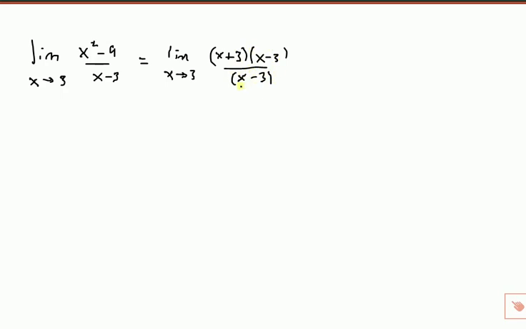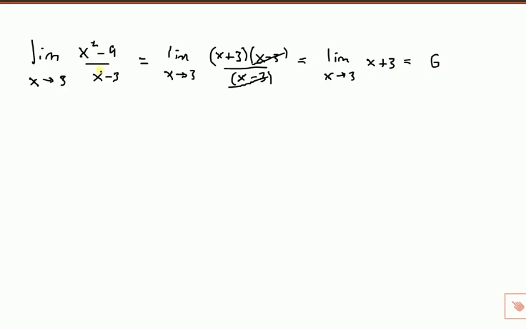These two terms are the same, so we can actually cancel these out. And what we're left with is the limit as x goes to 3 of just x plus 3. And that's pretty simple to solve. We can just go ahead and plug in 3. So this limit is equal to 6.